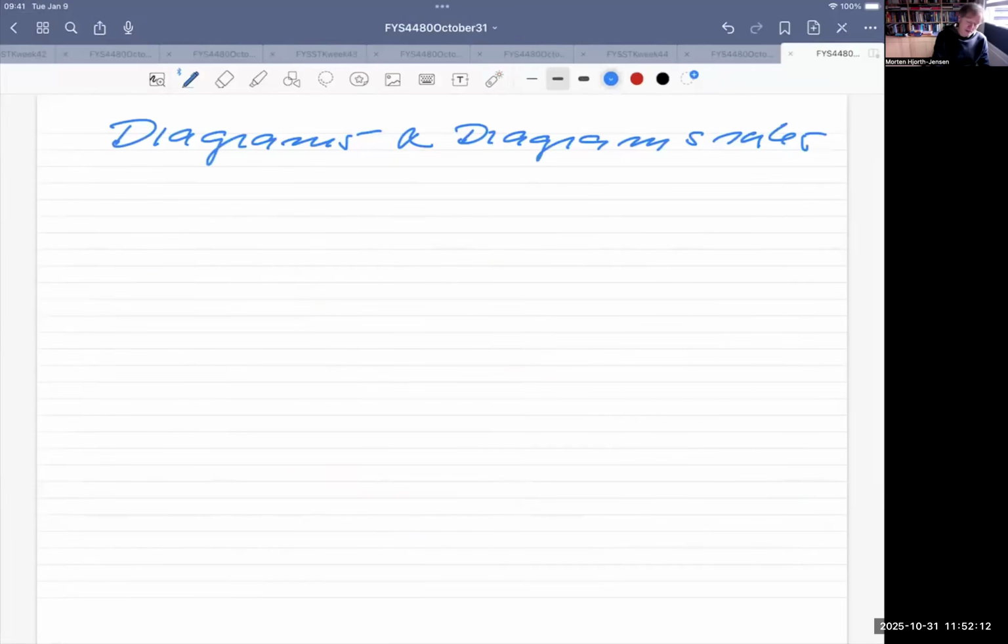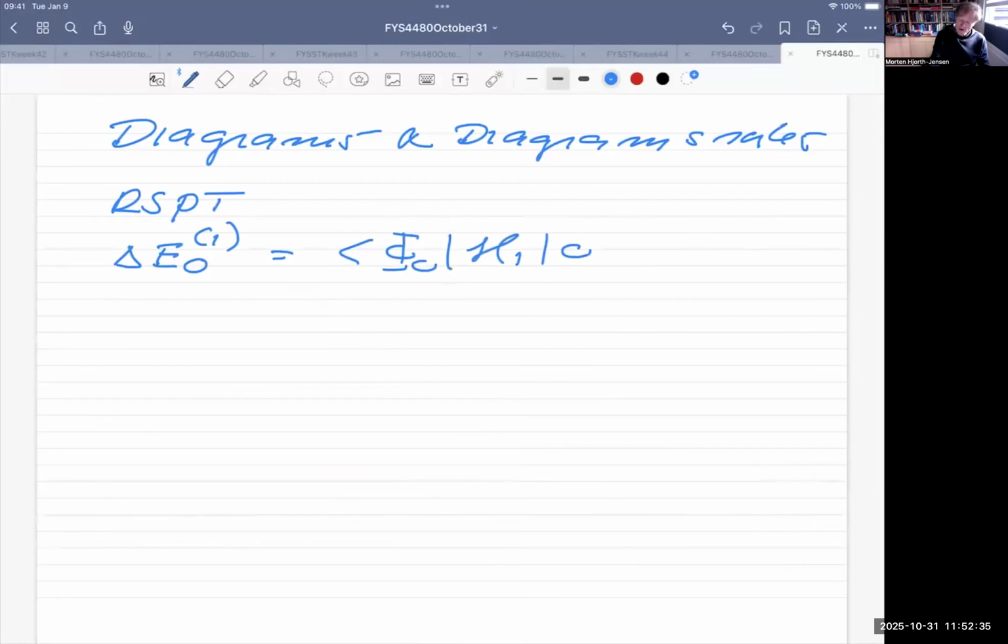So let's now just stay with Rayleigh-Schrödinger perturbation theory. And let's just remind ourselves about the expressions to second order. So we had a term which is delta E 0 to first order, which is just over phi 0. And we have the two-body interaction, or the interaction term, which is this one.